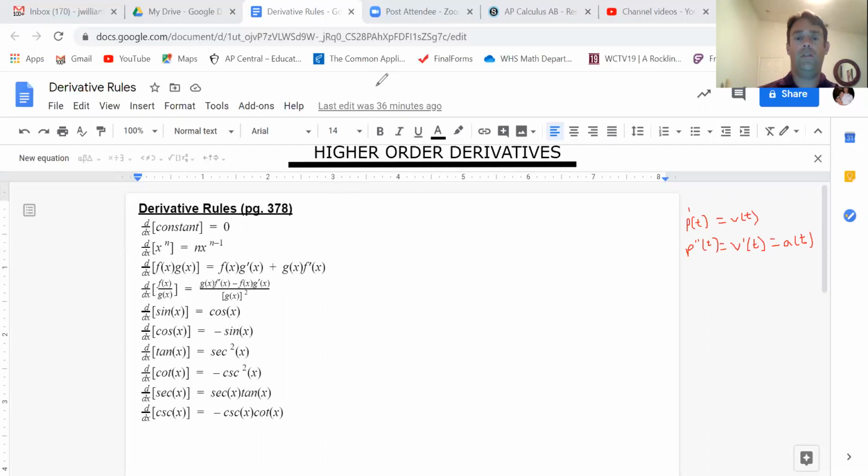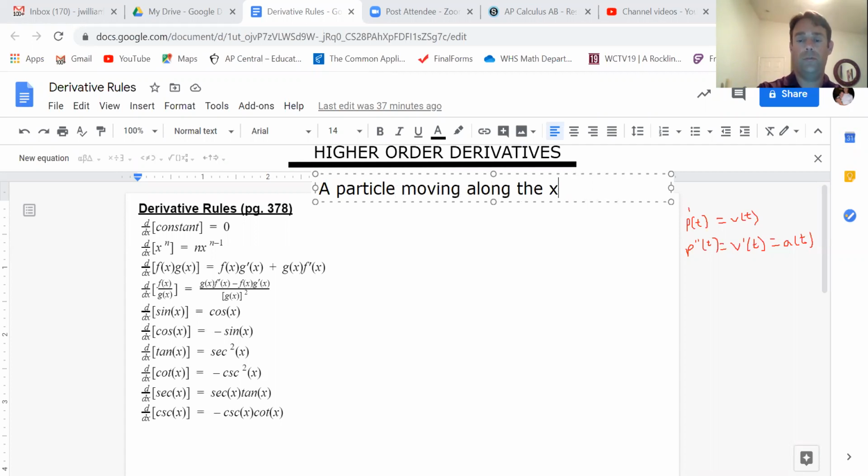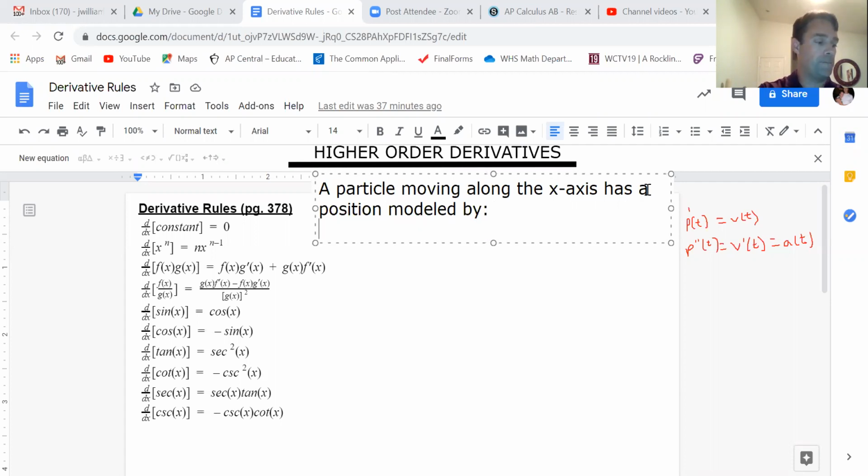So let me give you guys a little scenario here. A particle moving along the x-axis has a position modeled by a function, from 0 to 11.